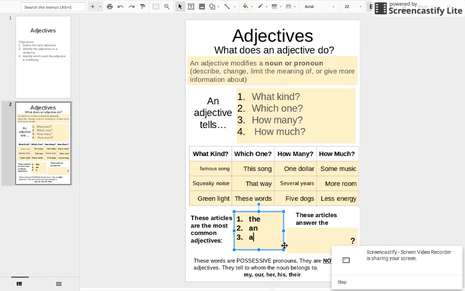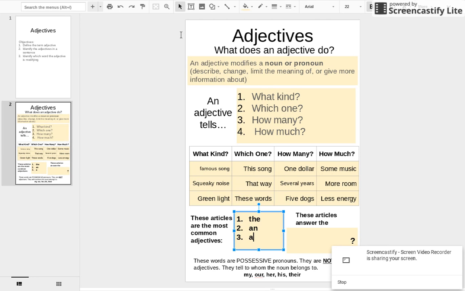Sometimes you can have 2 adjectives describing the same thing. For example, I could say to you, the green light. Green is describing what kind of light, and the is telling which one. So you can have 2 adjectives for 1 noun.